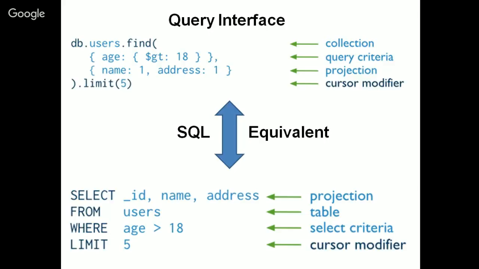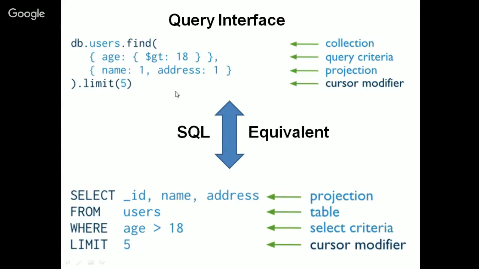In case of MongoDB, we write database name dot collection dot find. This is your collection rather than a table. And then age $gt 18 and name 1 address 1, like this, and it is covered under your projection.